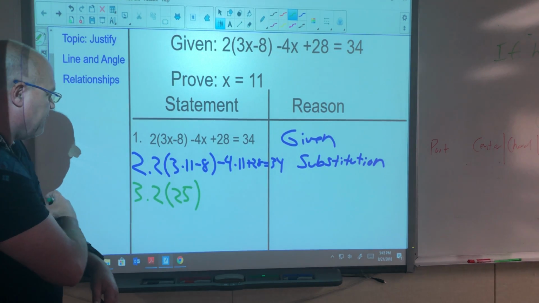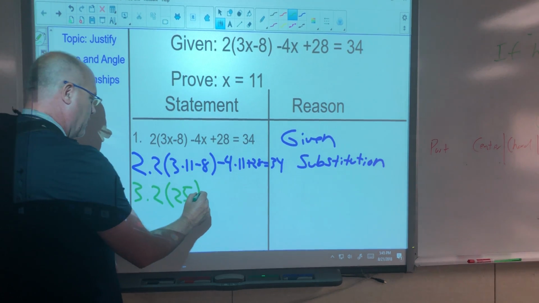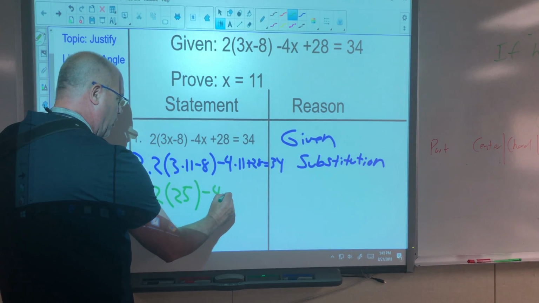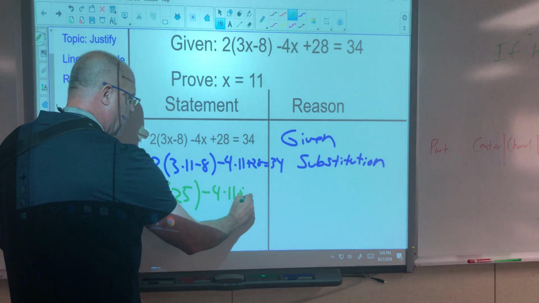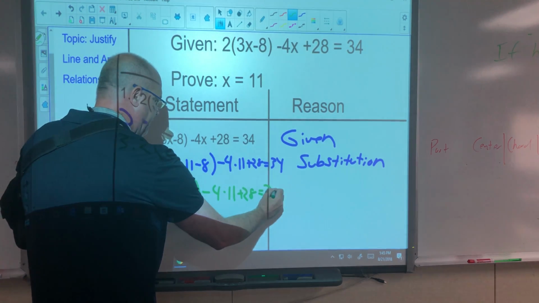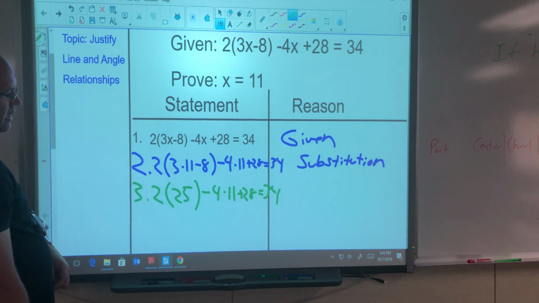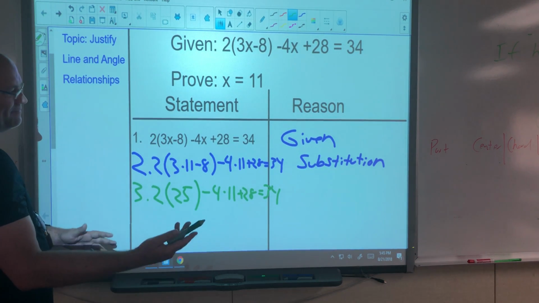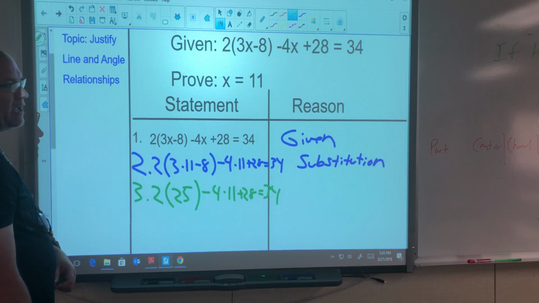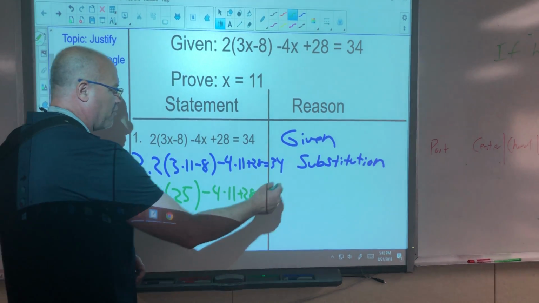That's correct. And then I'm going to have minus 4 times 11 plus 28 equals 34. So what's our justification for step 3? That's going to be simplifying, operations with groupings.